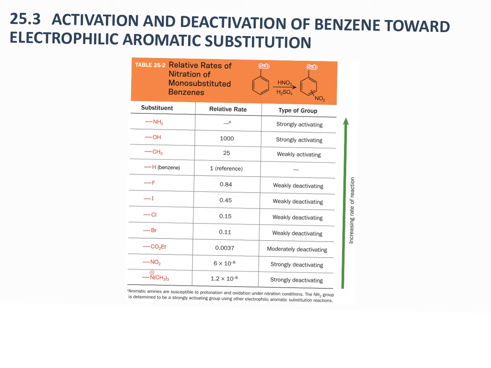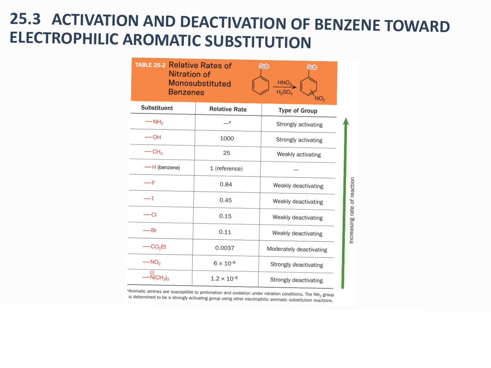And so what that means then is that the OH group is classified as an activating group because the group activates the benzene ring towards electrophilic aromatic substitution and speeds up the rate. On the other hand, the nitro group is a deactivating group because the nitrobenzene undergoes nitration over 10 million times slower than benzene itself, okay?